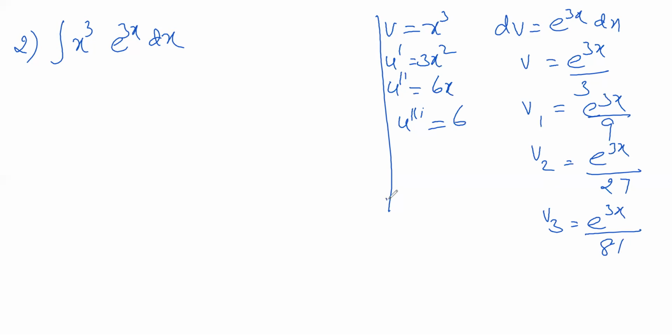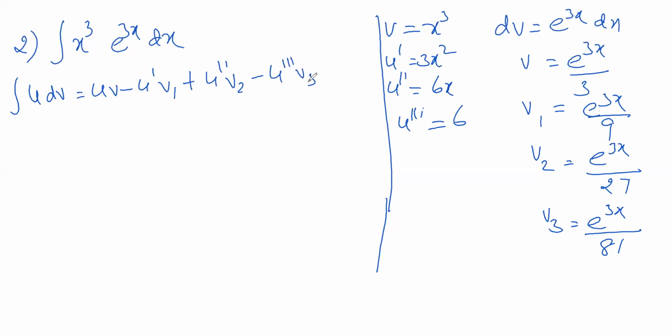81. So the Bernoulli's formula will be integral u dv is equal to uv minus u dash v1 plus u double dash v2 minus u triple dash v3. Correct? Now, we substitute all the values where u is equal to integral x cube into dv. What is dv? e power 3x dx. See, what is u? u is x cube into v. v is what? e power 3x by 3 minus u dash.